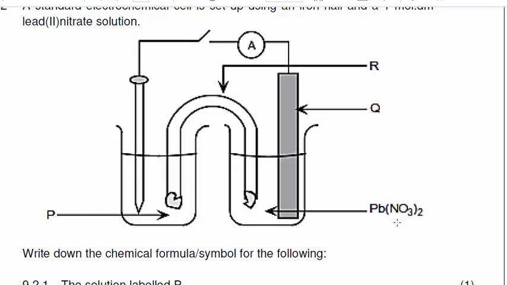What will happen to the concentration of electrolyte P? Increase. I started with iron nitrate or whatever, and now more irons are being donated, more nitrate is coming from the solution, so it will increase.